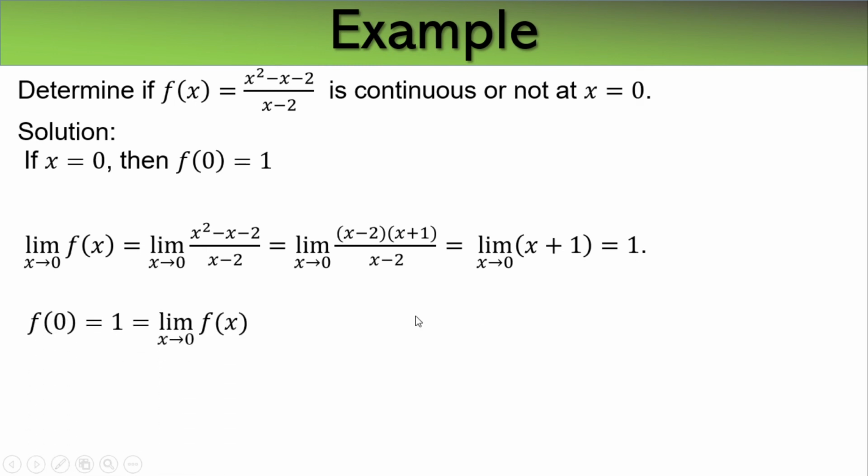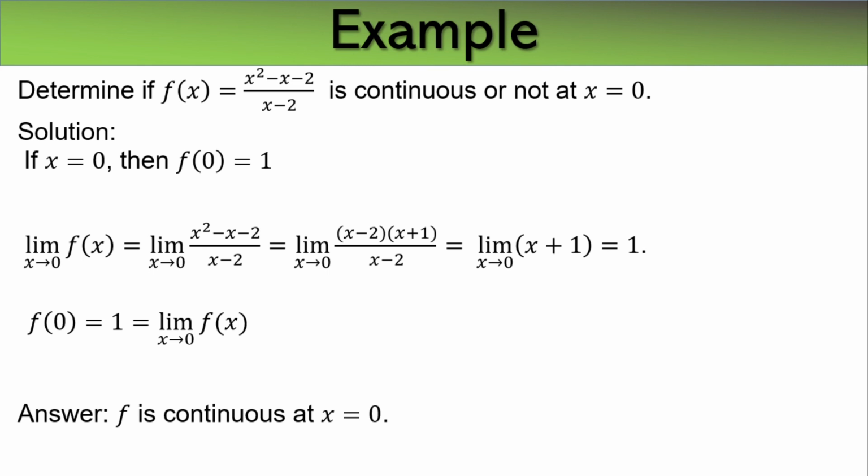And lastly, f of 0 is equal to 1 and also this is equal to the limit of f of x as x approaches 0. So since na-satisfy natin yung tatlong conditions, so therefore the function f is continuous at x is equal to 0.